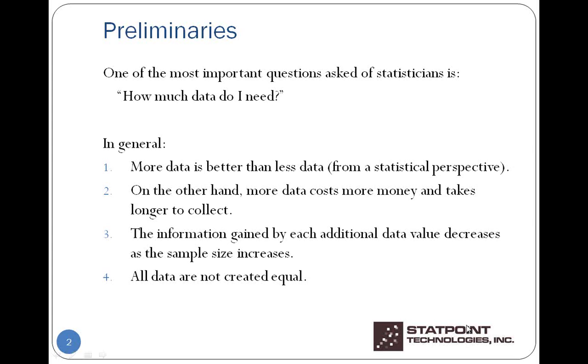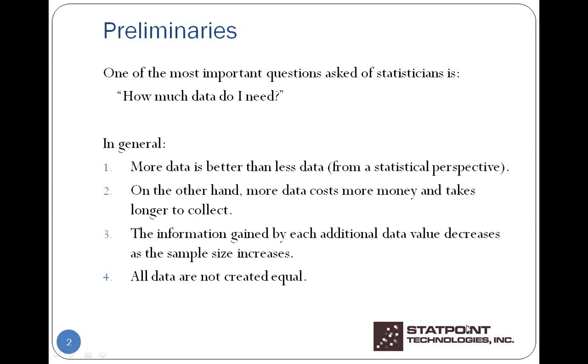If you look at the margin of error and you start increasing the sample size, as you go from samples of 1 to 2 to 3 to 4 to 5, you see a very quick reduction in the width of the confidence intervals. But as the sample size gets larger, the addition of 1 more data point has less and less effect on the width of the confidence interval.